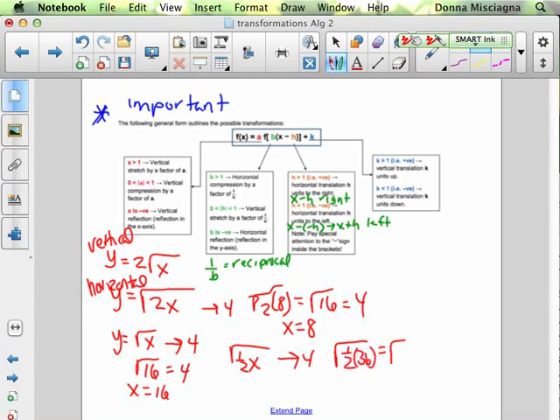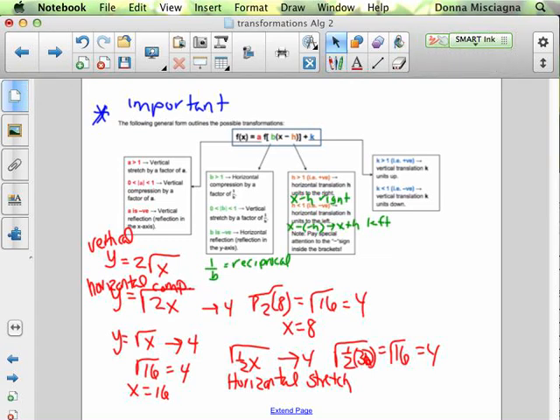That would give us the square root of 16, which is 4. So this one is a horizontal stretch, and the other one is a horizontal compression. It's the opposite of what it looks like. Like I said, we won't be dealing too much with the horizontal stretches and compressions. You'll see that next year, though.